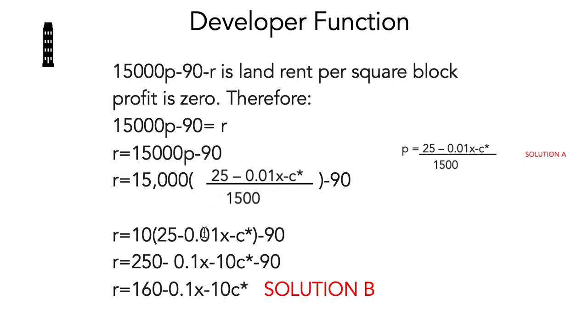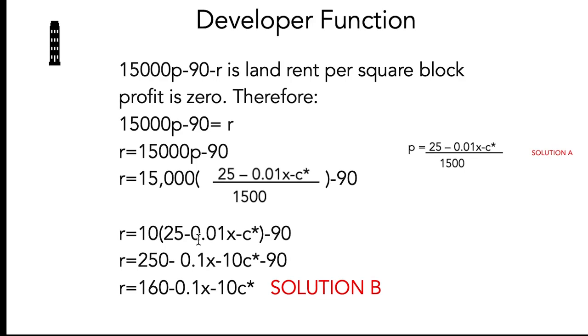Therefore, this becomes 10 times (25 minus 0.01x minus C star) minus 90. And now we can express R, the land rent per square block, in terms of distance and in terms of C star, the consumption of bread, the other good, and in terms of distance to the core: 10 times 25 minus 10 times 0.01x minus 10 C star minus 90.